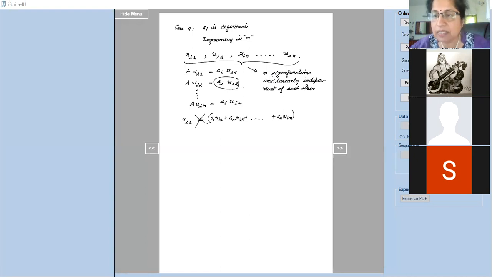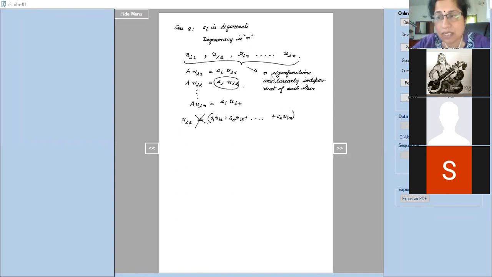How would I explain this? If you remember, in three-dimensional space, when you have I, J, and K, can you write I as a combination of J and K? You cannot, right? J and K will only give you position vectors on the YZ plane. It cannot give you anything in the X direction.